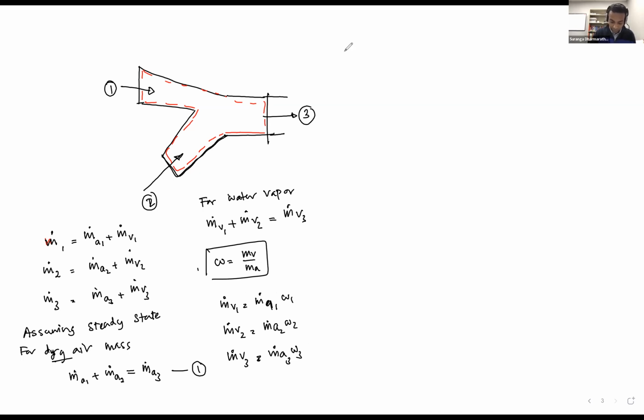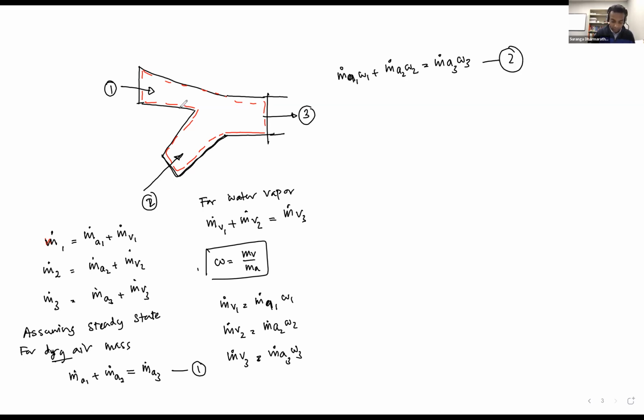Now we can write this total equation: m dot A1 omega 1 plus m dot A2 omega 2 equals m dot A3 omega 3. This is my second equation.